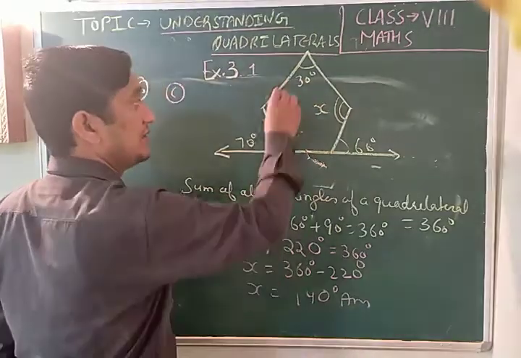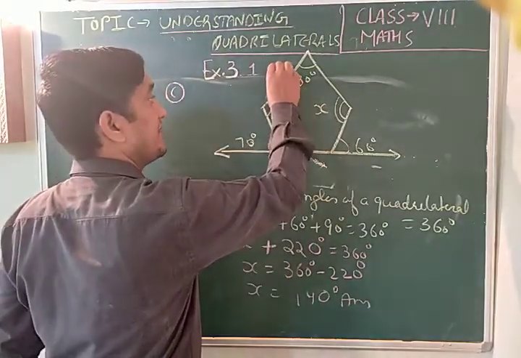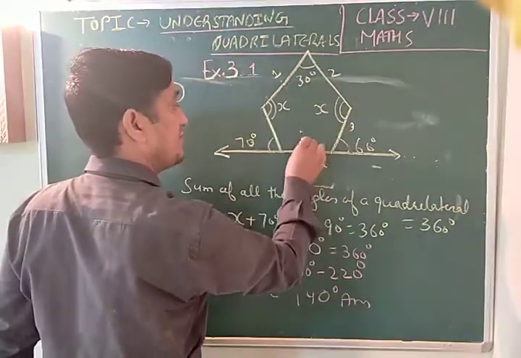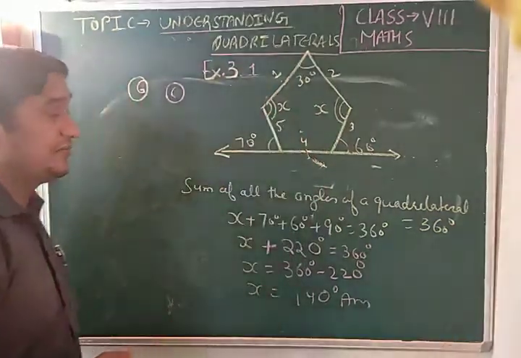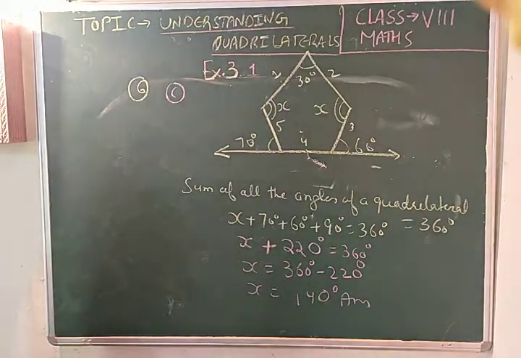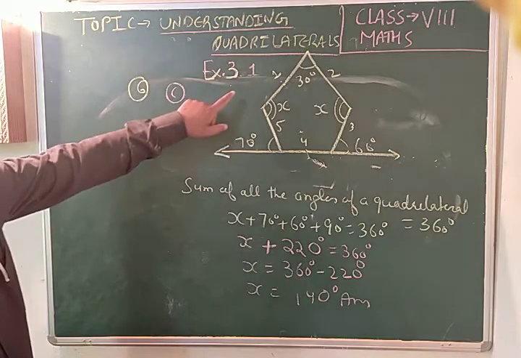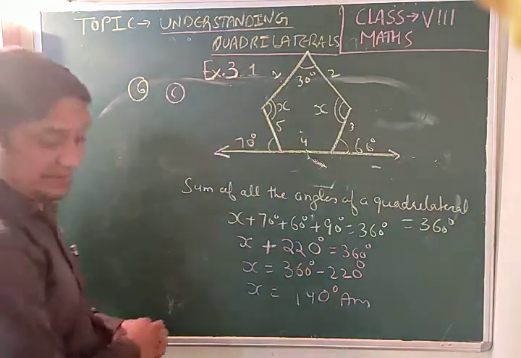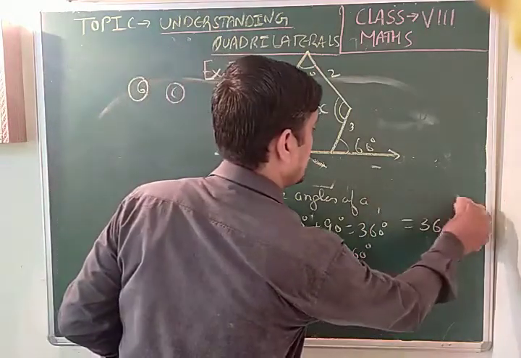First of all, we will check the number of sides: 1, 2, 3, 4, and 5. Here, the number of sides is 5. So, children, first of all, you must know if the number of sides is 5, it becomes a pentagon.